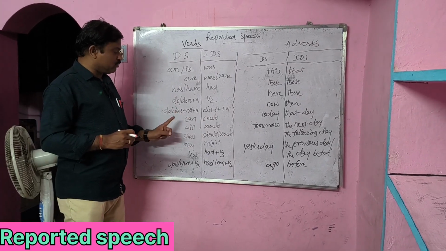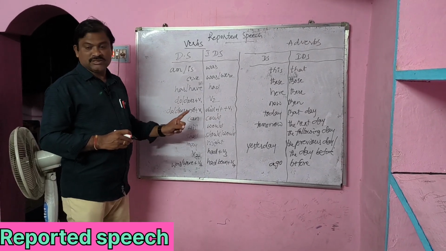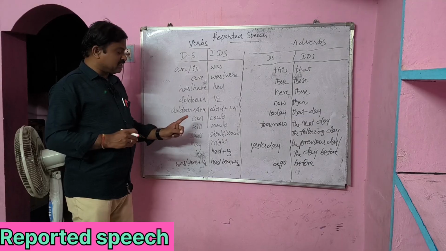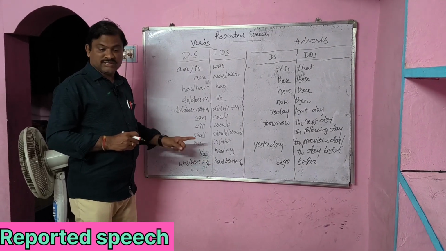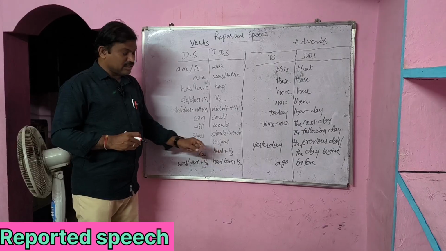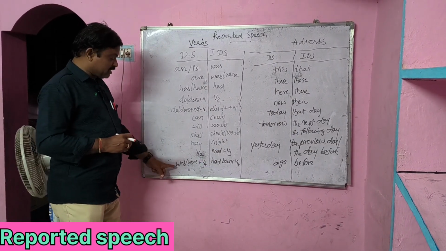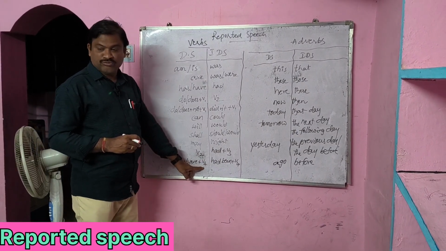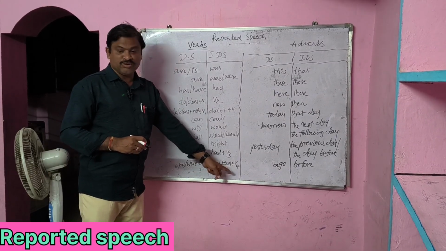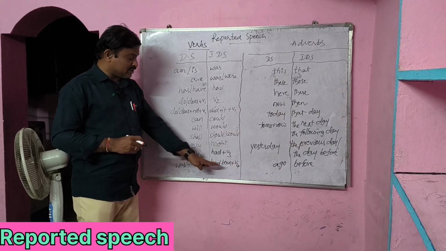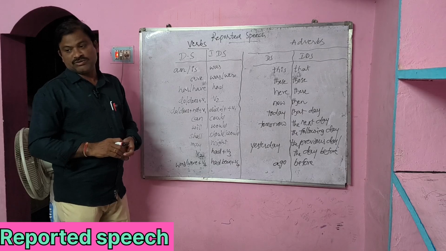Can changes to could, will changes to would, shall changes to should or would, may changes to might. At the same time, V2 changes to had plus V3. This indicates the simple past changing into past perfect tense. Was or were plus V4, where V4 means V1 plus ing, changes to had been plus V4. That means past continuous changes into past perfect continuous tense.